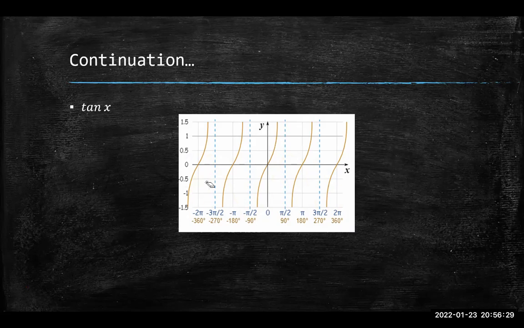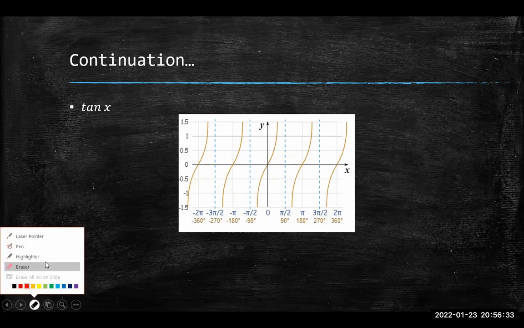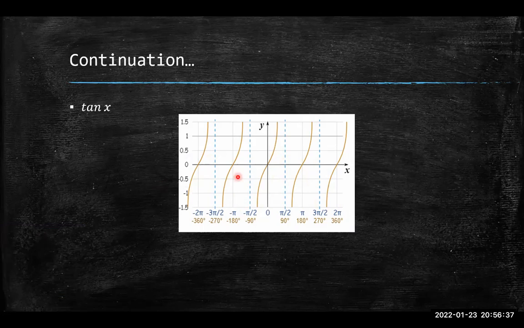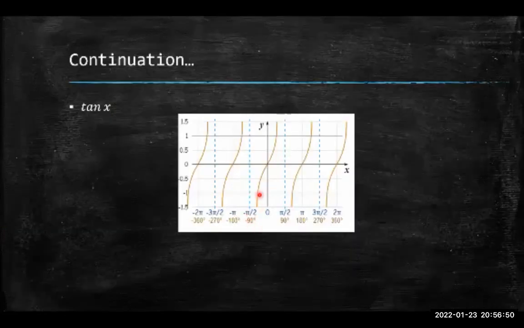Tan. Tan looks kind of wonky. So, like I said, you have to learn these graphs, right? So just like my sine and my cosine, I choose any value of x and I put it into my function. I realize that the points make this pattern.